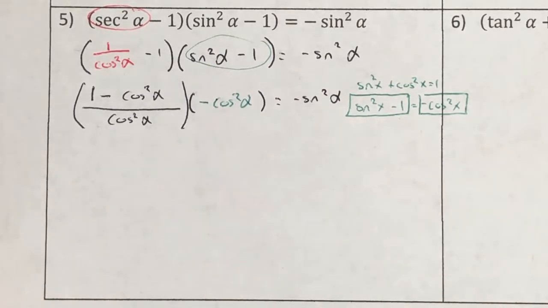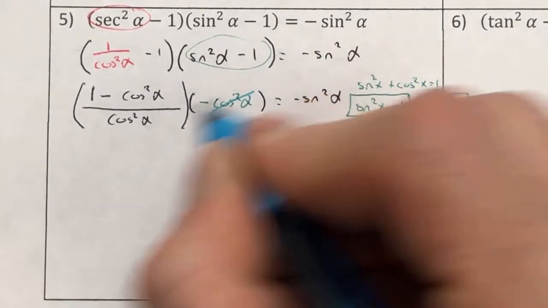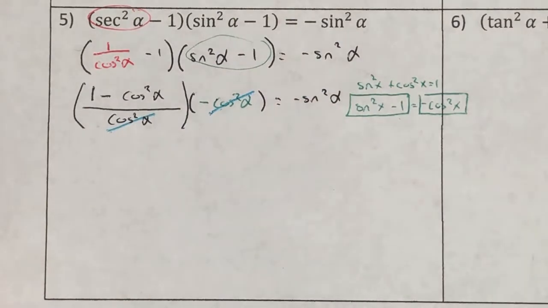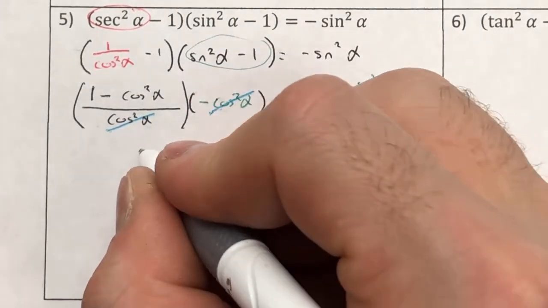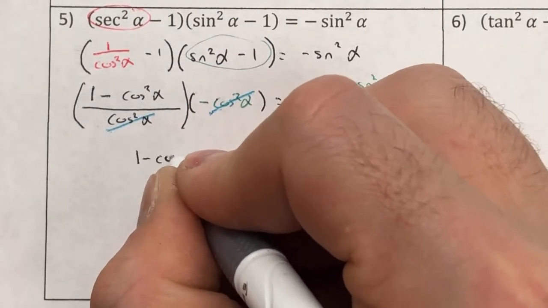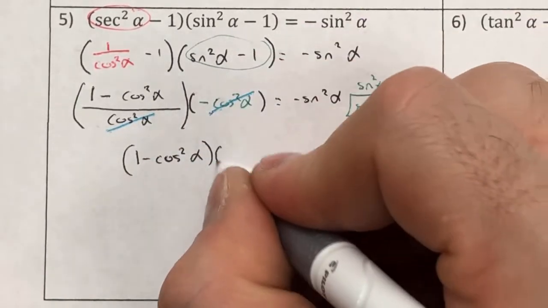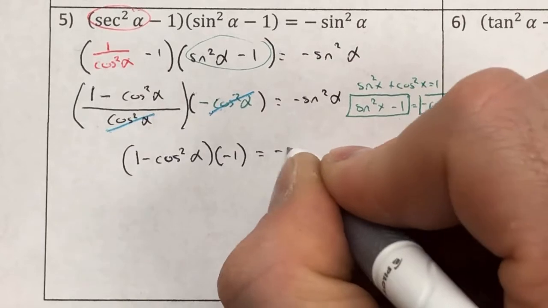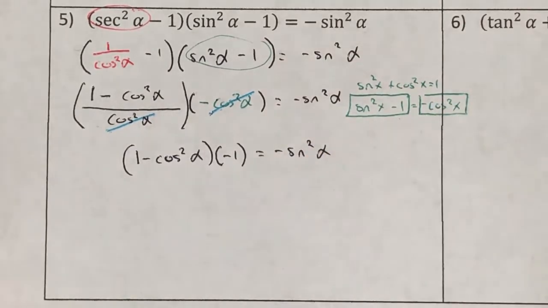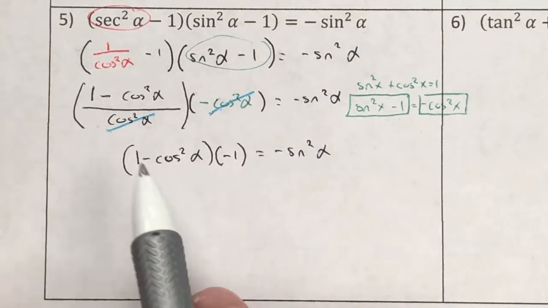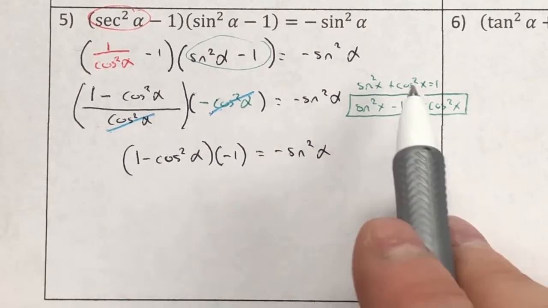I also notice that now that I've rewritten that, this cosine squared over cosine squared cancels out, and I'm left with 1 minus the cosine squared of alpha times that negative sign, so times negative 1 equals negative sine squared of alpha. Again, I see another Pythagorean identity.